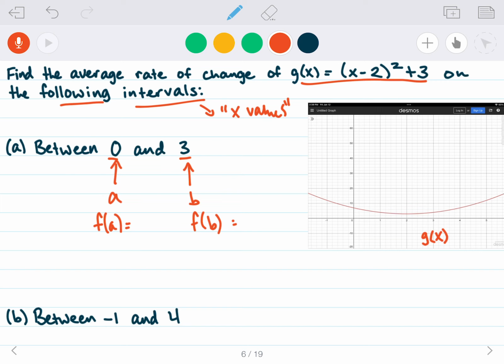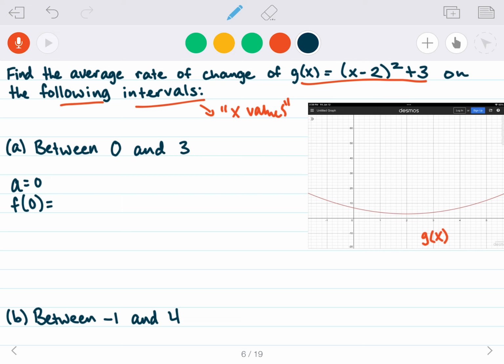So if I look at A equals 0, that's right here. That's when X is 0. Actually, let me write this out a little bit neater. So we have A equals 0. F of 0 is going to be what?